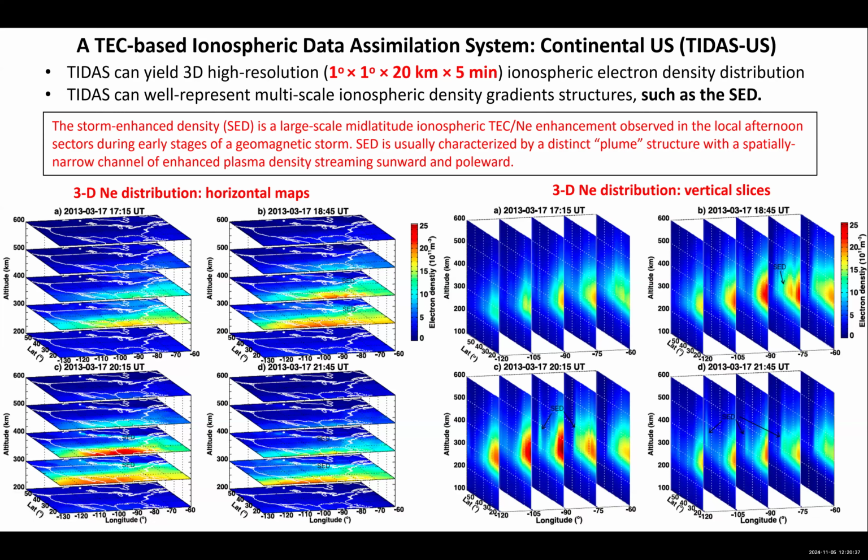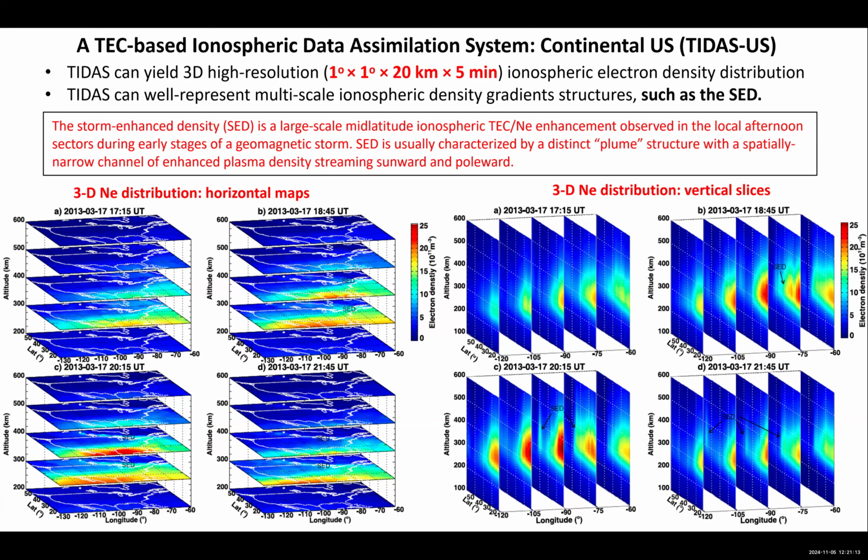SED is a large-scale mid-latitude ionospheric electron density enhancement that is usually observed in local afternoon and evening sectors during the early stages of a geomagnetic storm. SED is usually characterized by a plume-like structure, like what we show here. It's a spatially narrow channel, but with enhanced plasma density that's streaming sunward and poleward. So for these three-dimensional structures, now we use TIDAS to do the reconstruction.